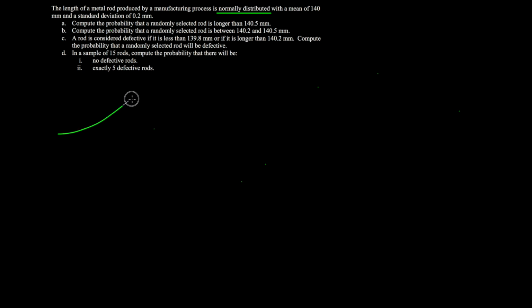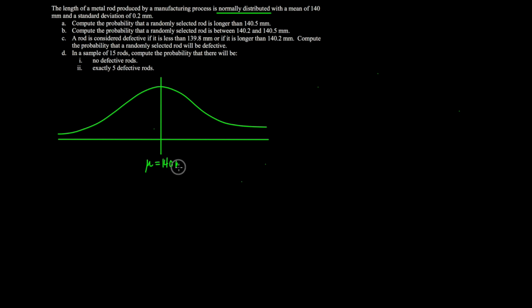So normally distributed, we're going to have our bell-shaped distribution. And then they say that the mean is equal to 140 millimeters, and the standard deviation is going to equal 0.2 millimeters, okay?